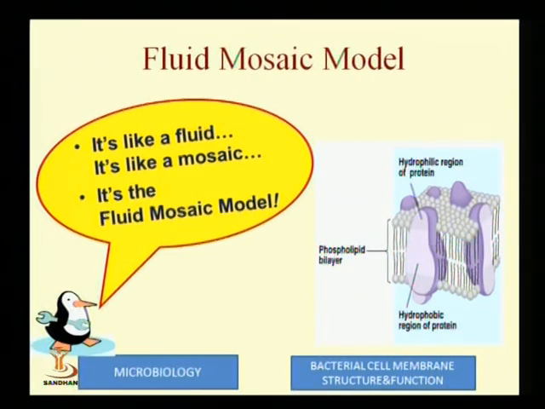It's like a fluid, it's like a mosaic, so it's the fluid mosaic model. Now, this model is the actual working model of the cell membrane. The mass ratio of protein and lipid ranges from 1:4 to 4:1 within the membrane.